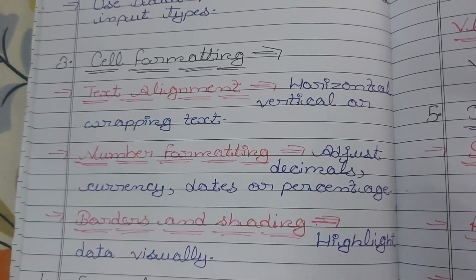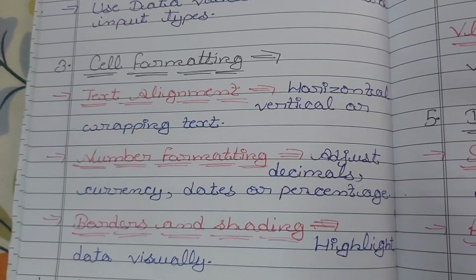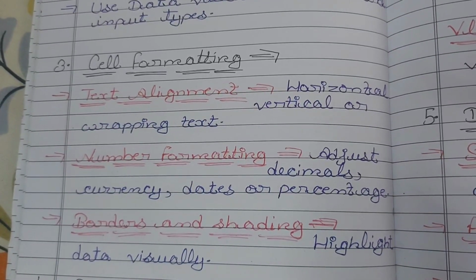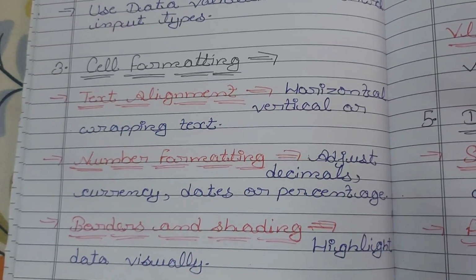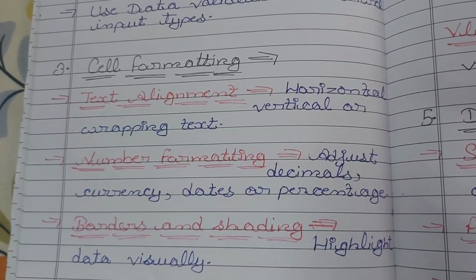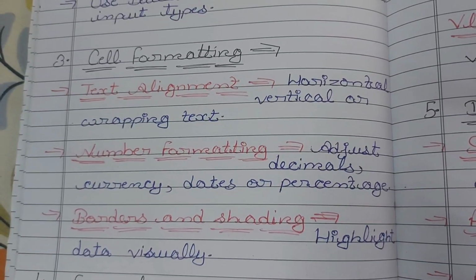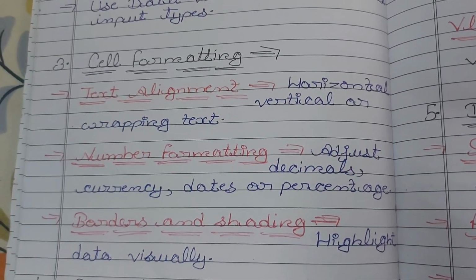Cell formatting, text alignment, horizontal, vertical or wrapping text. Number formatting, adjust decimals, currency, dates or percentage. Borders and shading, highlight data visually.